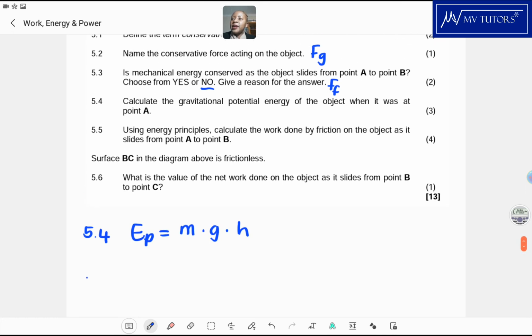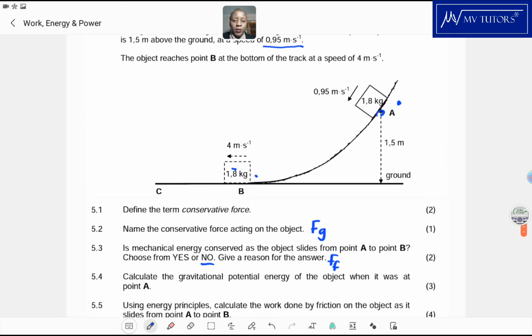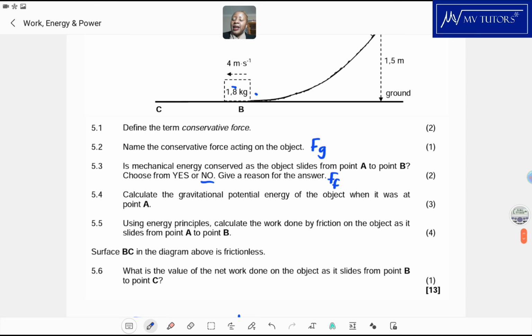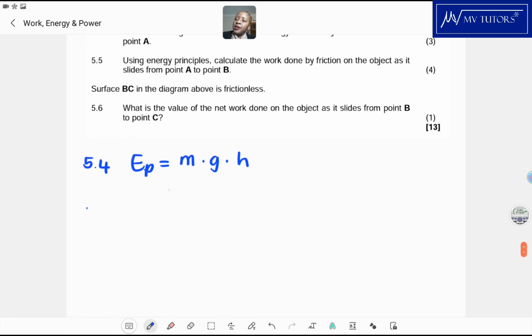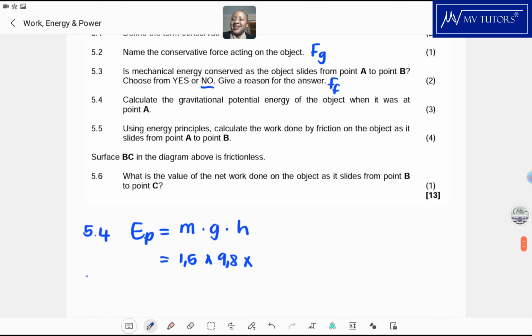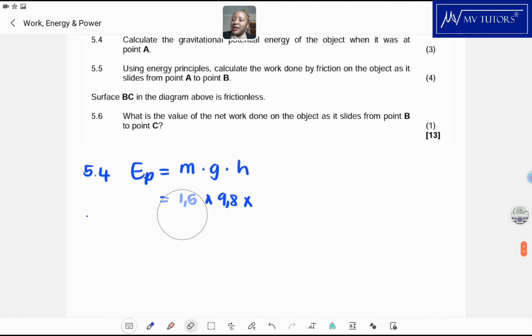And at point A, the height was 1.5, the mass was 1.8.